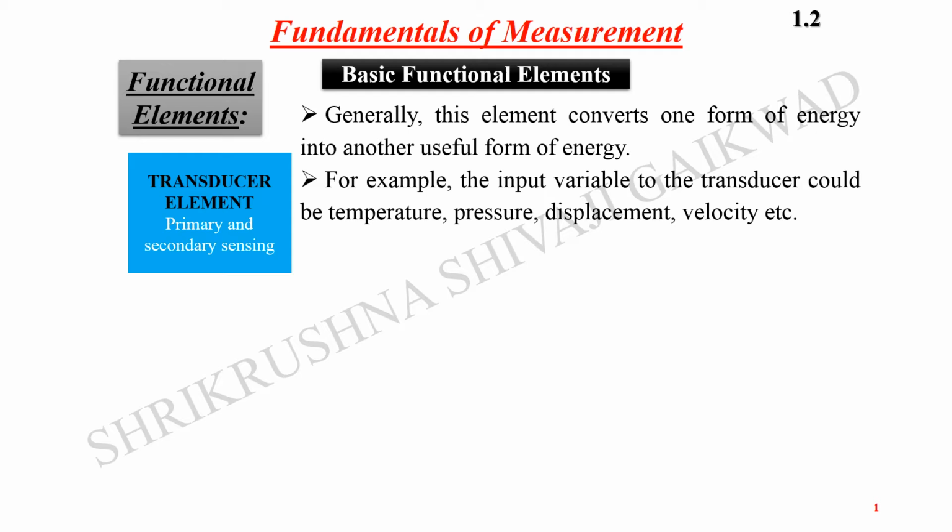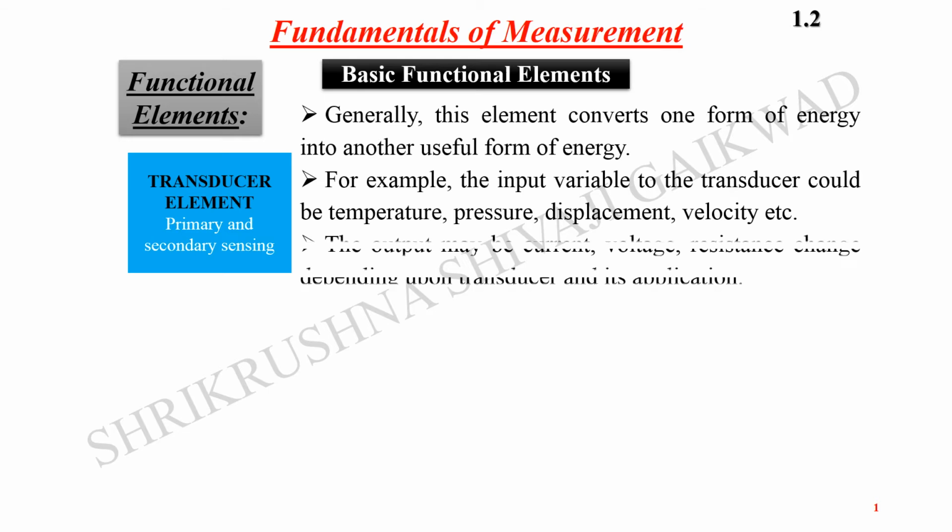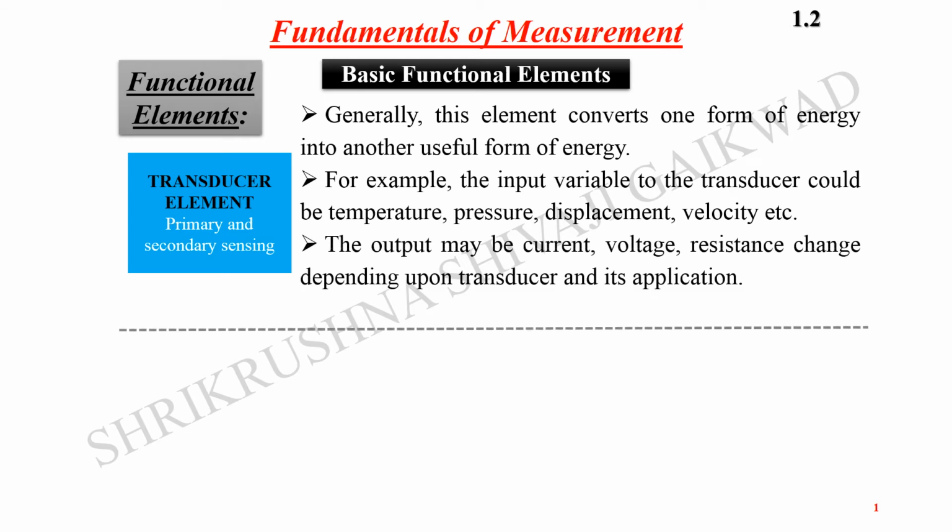For example, input variable to the transducer could be temperature, pressure, displacement, velocity, etc. These are a few input variables to the transducer, which primarily senses once the changes are happening in that particular physical quantity to be measured, and it is supplied to the transducer element, its sensing element.